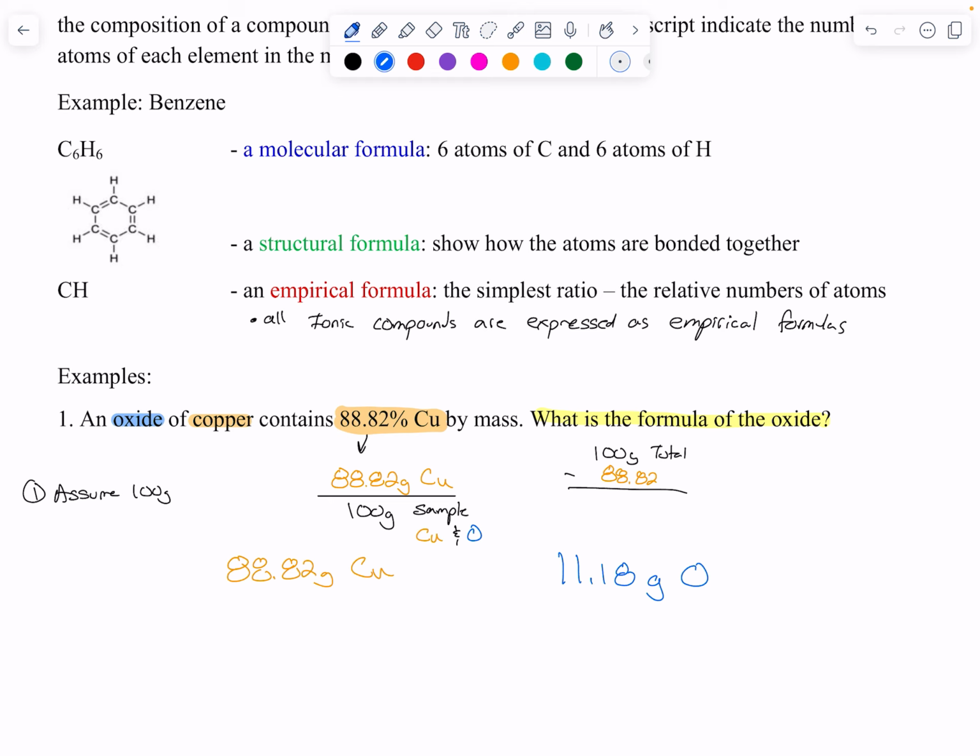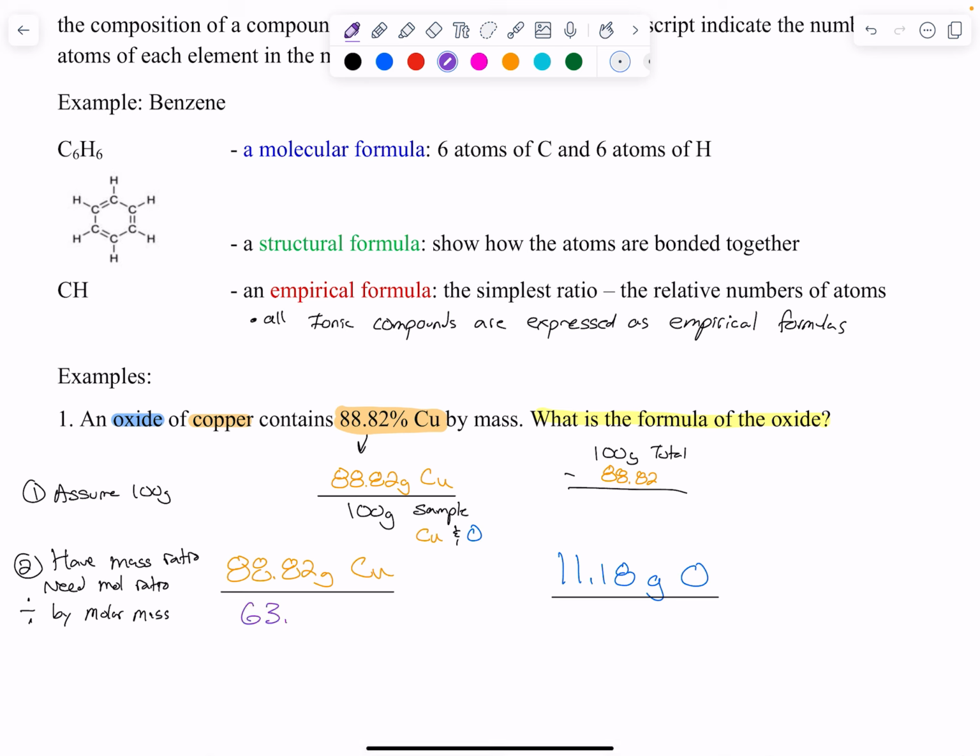So now I have grams. I have a gram ratio, my mass ratio. To go from mass ratio to mole ratio, you divide by molar mass. The molar mass of copper, I look, is 63.55 grams per mole, and for oxygen, 16.